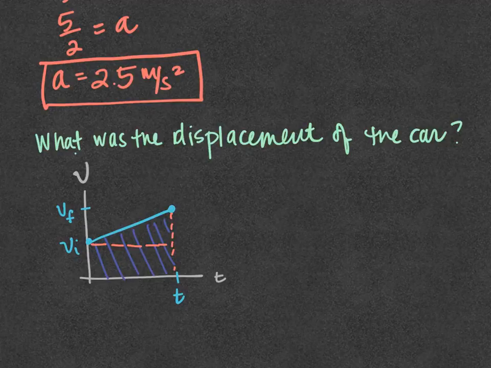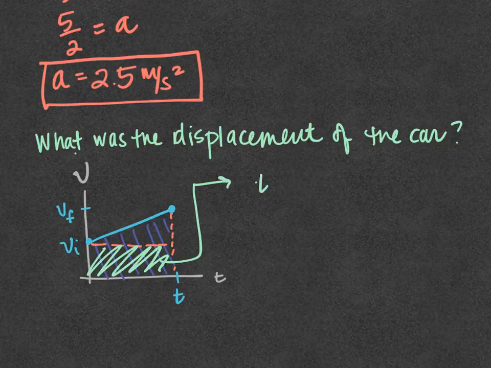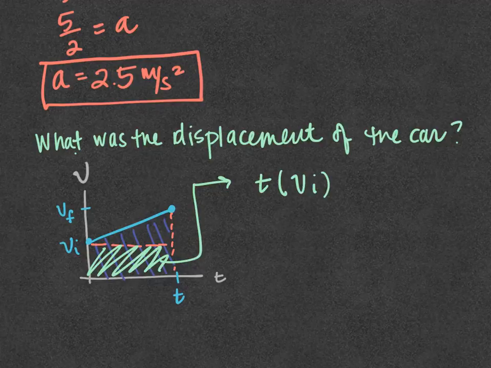So this bottom part is the easiest, so I'm going to start with it. So the area of this rectangle down here is base times height. So the base, t, times the height, v initial. So that takes care of the area of that piece there.